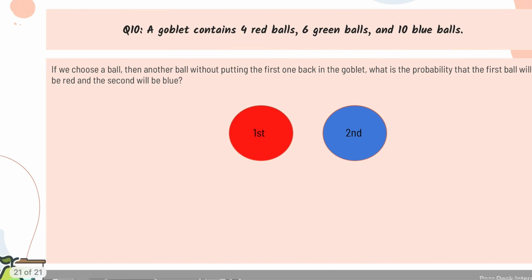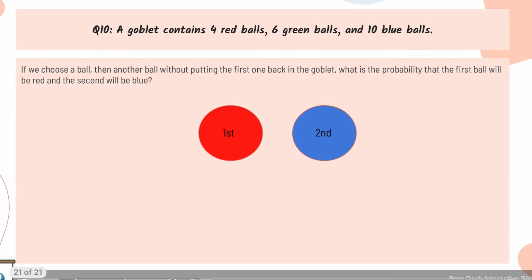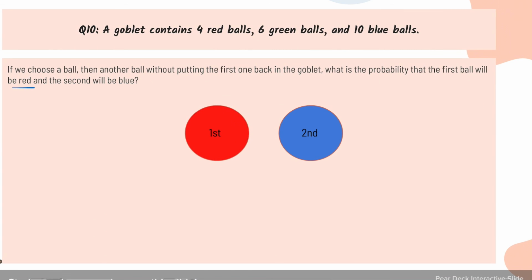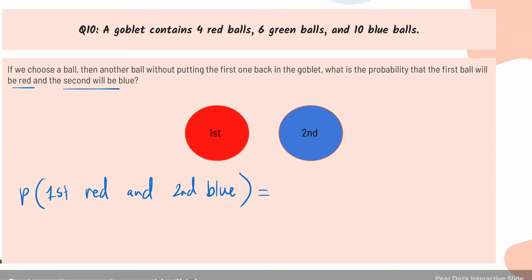All right, last one. A goblet contains 4 red balls, 6 green, and 10 blues. So I should be picking a red first and then a blue second. So the probability of first picking a red and second picking a blue is going to actually be a given statement.